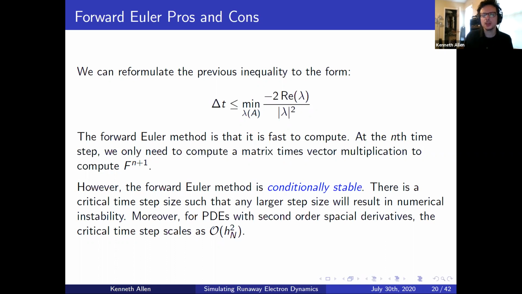What that means is that there's a critical time step size such that any larger time step will result in numerical instability. For example, with PDEs with second order spatial derivative, this critical time step scales on the order of hn squared, where hn is the mesh size in one spatial direction.